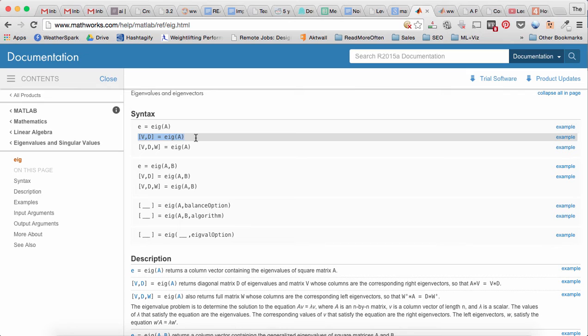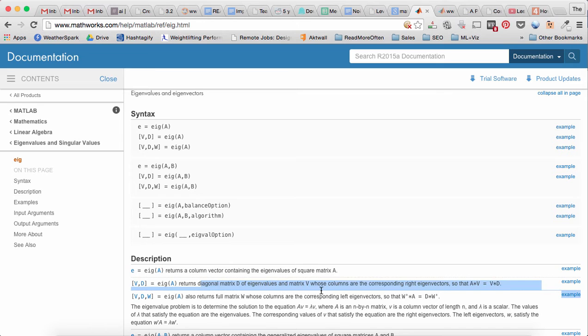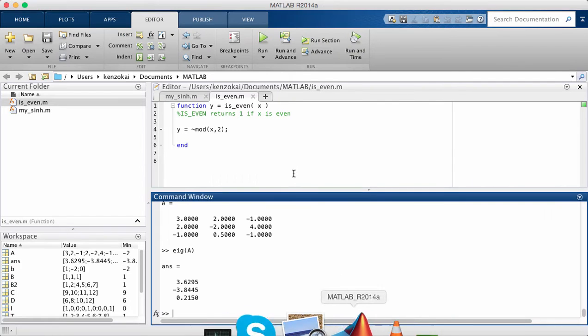If I assign the return values of eig to two different variables, I can get back, let's read here, a diagonal matrix D of eigenvalues and a matrix V whose columns are the corresponding right eigenvectors. So the eigenvalues are going to be returned in a matrix called D, and the eigenvectors are going to be the columns of the matrix V. So let's try that.